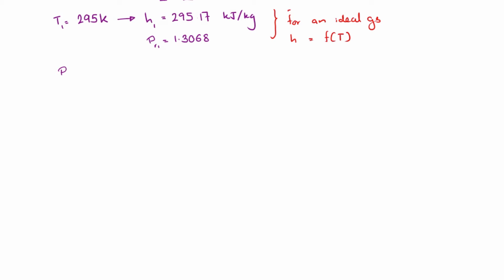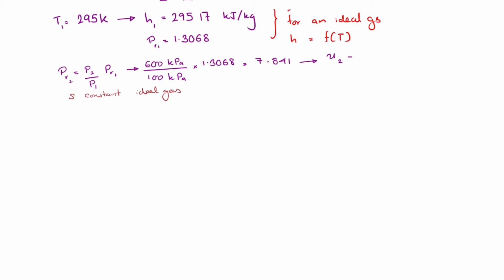Since process 1 to 2 is a constant entropy process, we can write the relationship between relative pressures and actual pressures. And we can see that PR2 value is going to be 7.841. Using this, we can find U2 and T2 from our table A17.